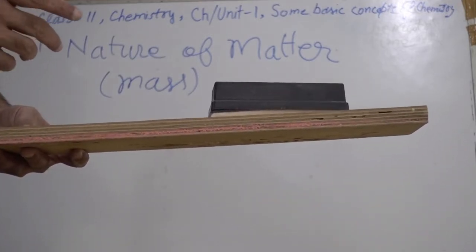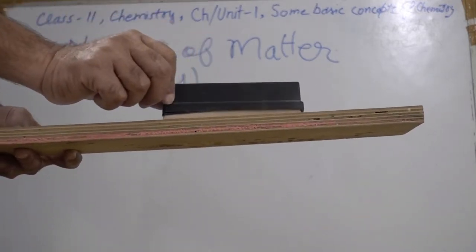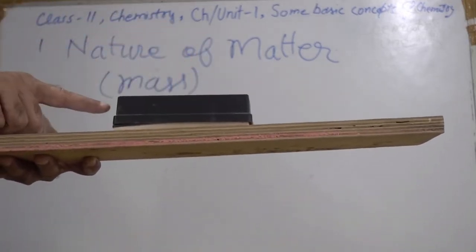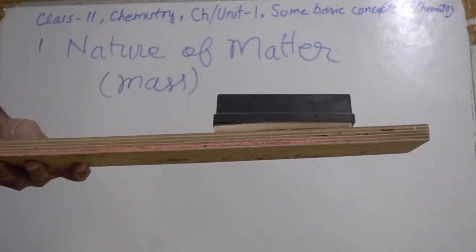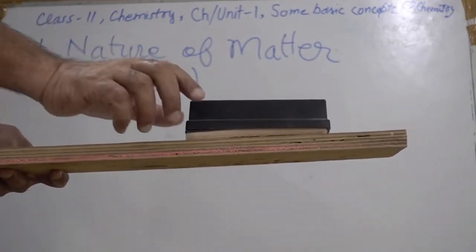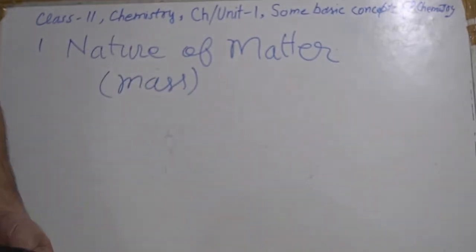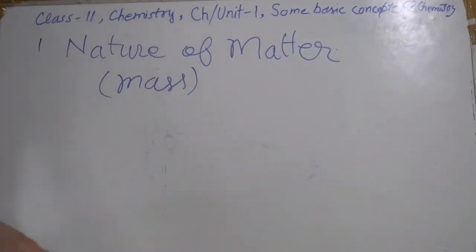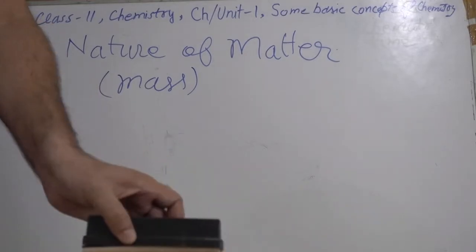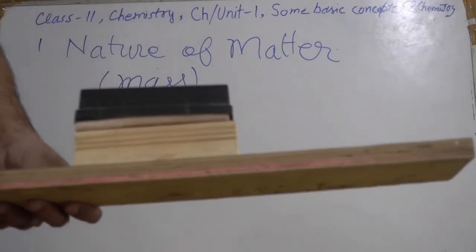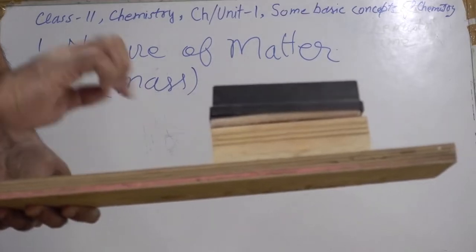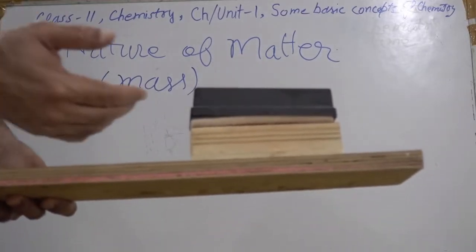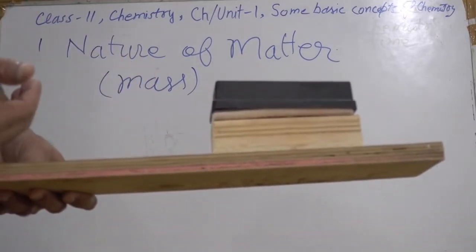What I observe is that it resists me when I push it. If I take another entity, or you can say if I double it, then the resistance gets doubled. It means I feel a force back.